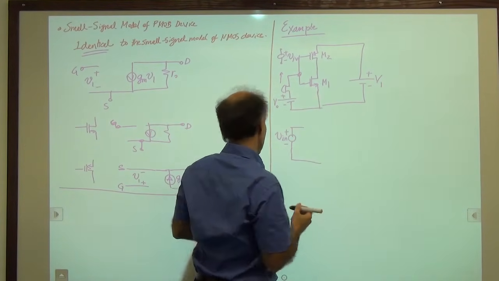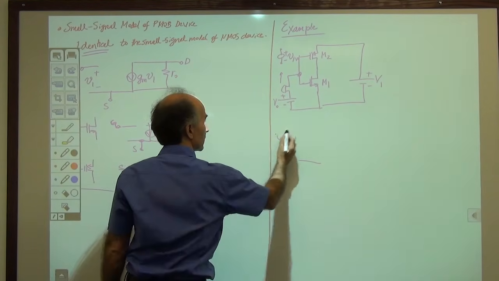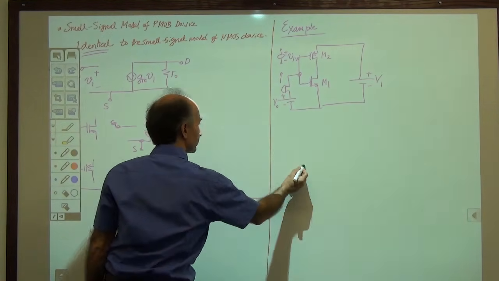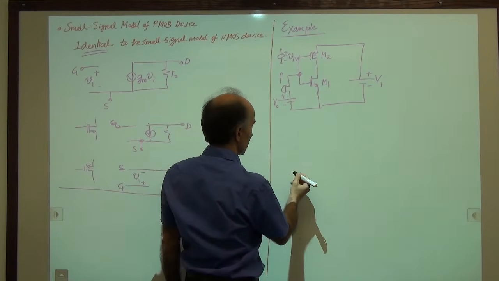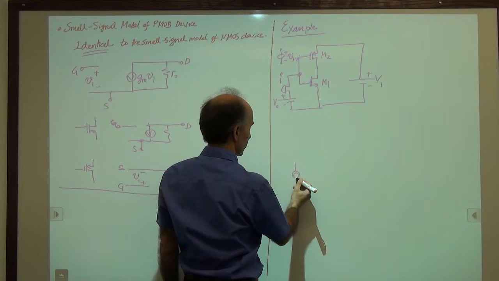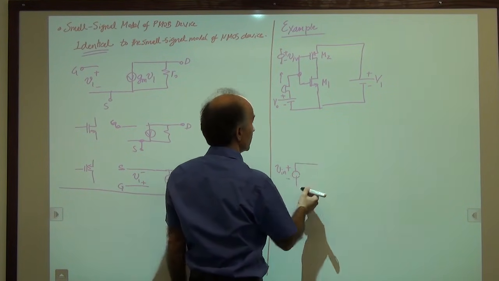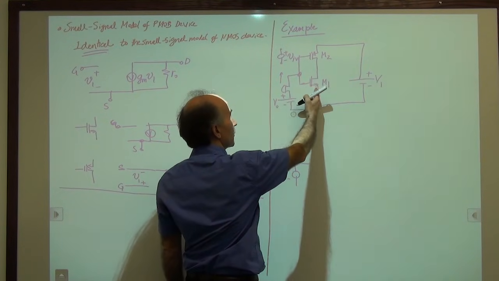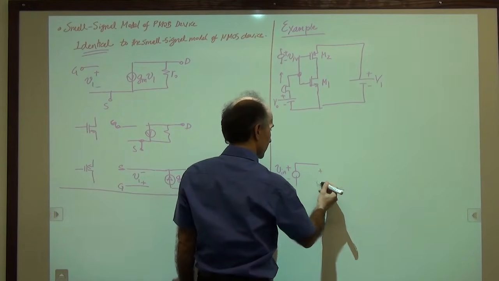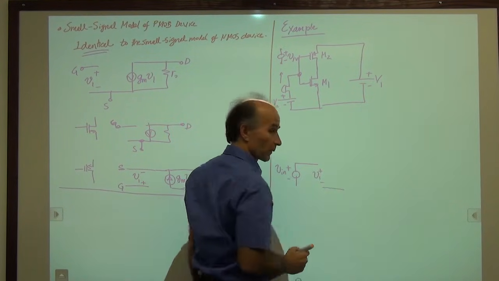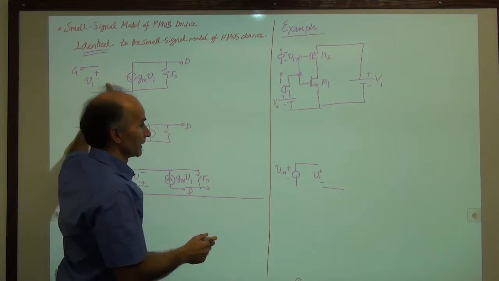The NMOS device, sorry, I have to leave more room for myself, so let me bring this down. So here's the microphone, Vin. The M1 has a gate here, a source here, so that is the gate and the source, whose difference we call V1, according to the small signal model here.